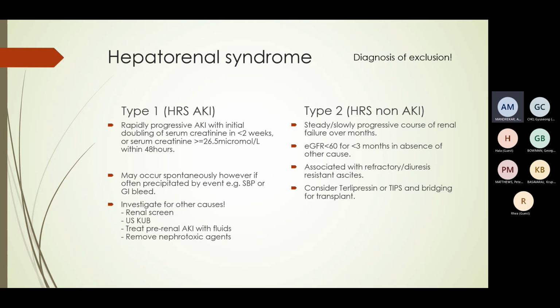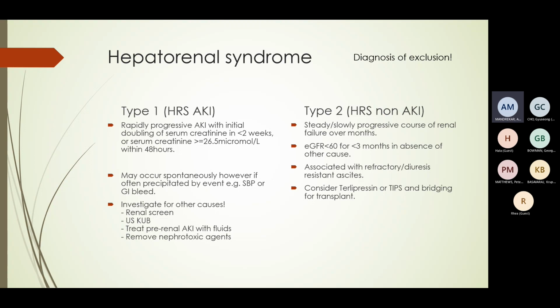What's key with the hepatorenal syndrome, particularly in the case of a type 1, is that this is a diagnosis of exclusion. So you should be first treating it as if it is a pre-renal AKI with appropriate fluid resuscitation. You should be doing a renal screen. You should be doing a urine dip to look for protein and blood to make sure there's no evidence of glomerulonephritides. You should be doing an ultrasound KUB to make sure that there's no evidence of obstruction. If that's the case, then you can diagnose a type 1 hepatorenal syndrome or a hepatorenal syndrome AKI.